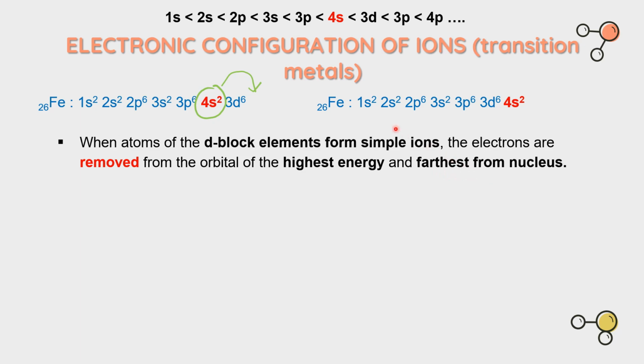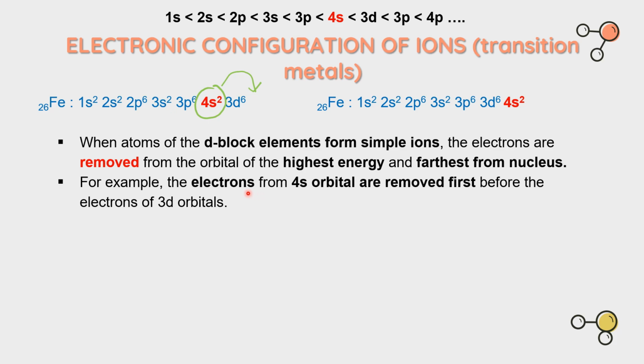So as you can see from this electronic configuration, this electron is located at N4, this electron at N3, this at N2, and this electron is located at N1, meaning that this is the highest energy level orbital, and this orbital is the farthest from the nucleus. So when we are about to remove electrons from a transition metal atom, we need to remove from the outermost orbital or valence shell.